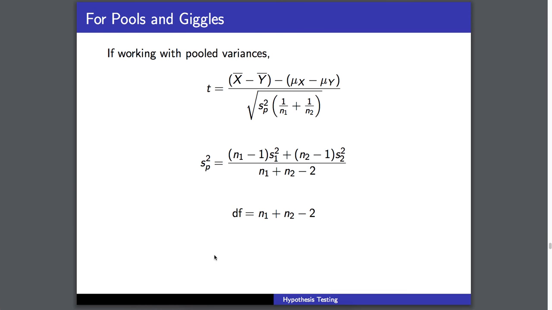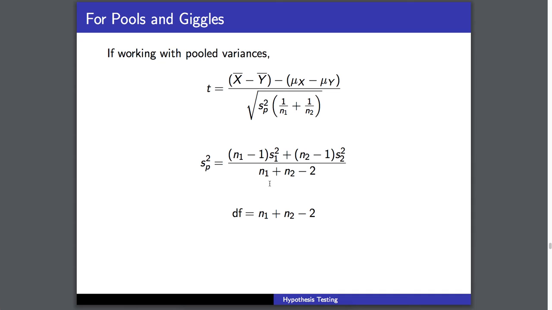If working with pooled variances here, which again for our purposes we're not going to do, our test statistic is found by this lovely looking formula here. S sub p squared is the pooled variance, which is the degrees of freedom of the first sample times the variance of the first sample, plus the degrees of freedom of the second sample times the variance of the second sample, divided by the combined degrees of freedom for both samples.